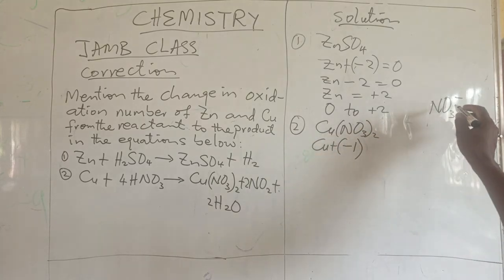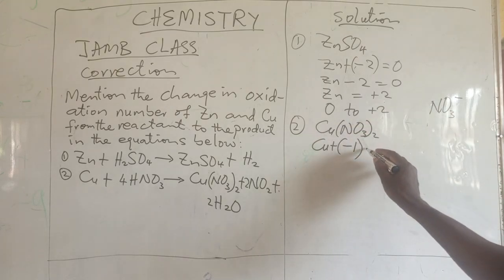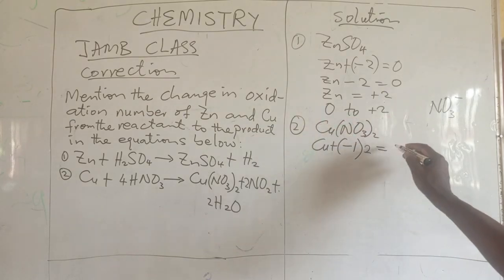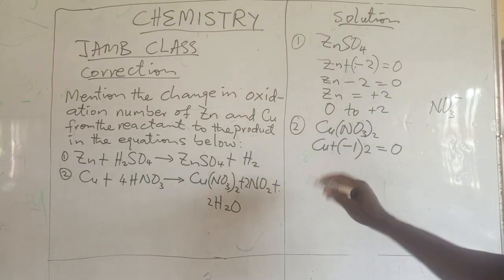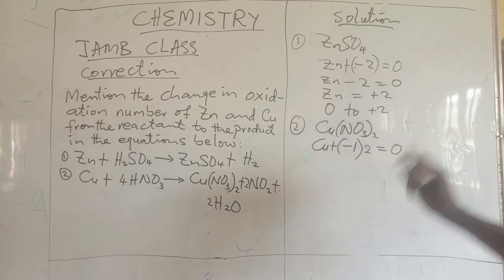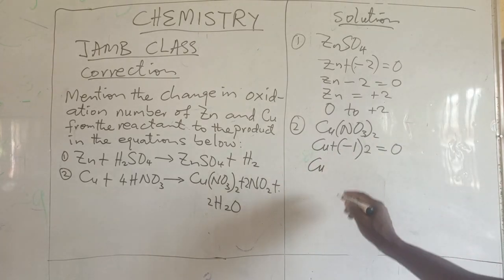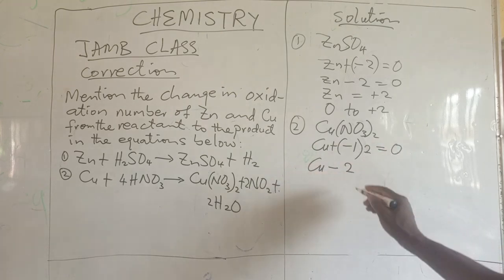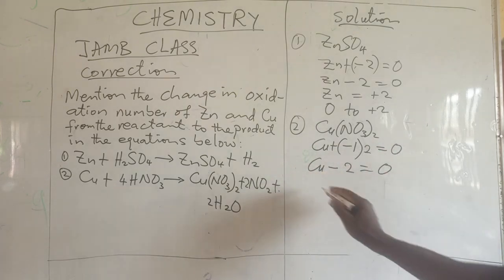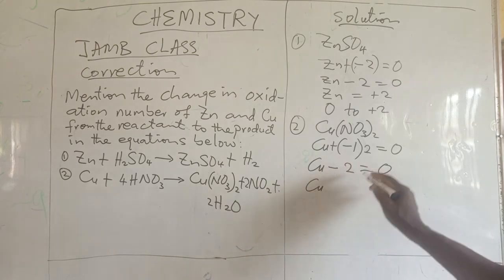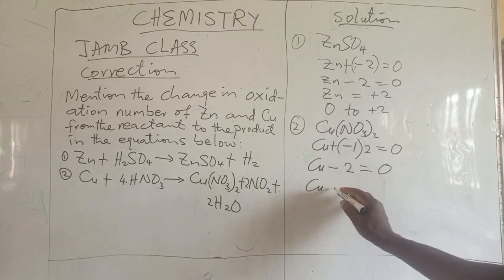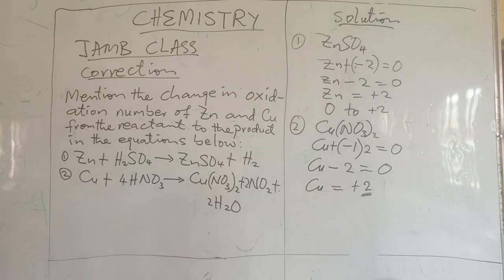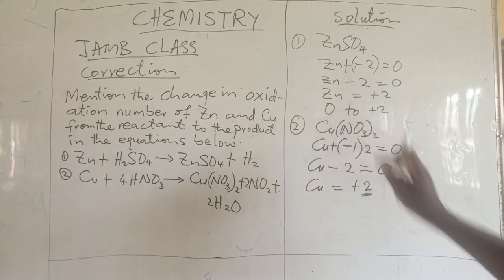How many of these NO3 are there? There are 2. So equate it, since it has no charge on it, to 0. Then from there solve it, looking for your Cu. Plus times minus, 1 times 2, -2, equal to 0. Cu, take this -2 to the other side, it becomes plus 2. So this is the oxidation number of Cu in this compound.